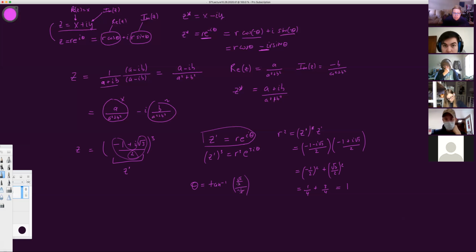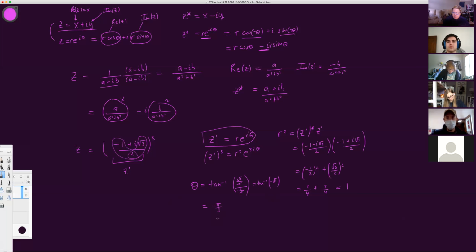The 2's are going to cancel out there, and I'm going to get just the arctangent of the square root of 3 over minus 1, so minus the square root of 3. I'm not going to bore you with the details, but it turns out that that is minus pi over 3. But you could easily figure that out.